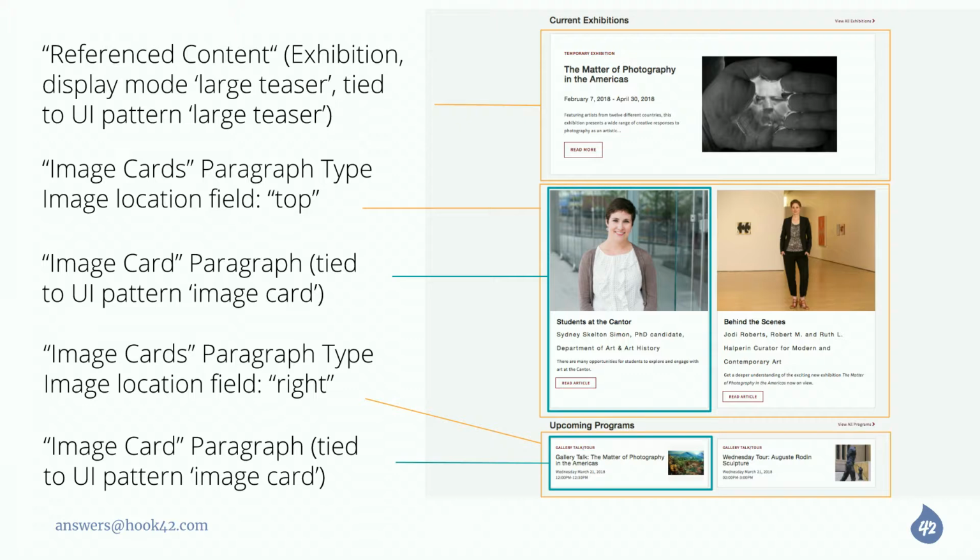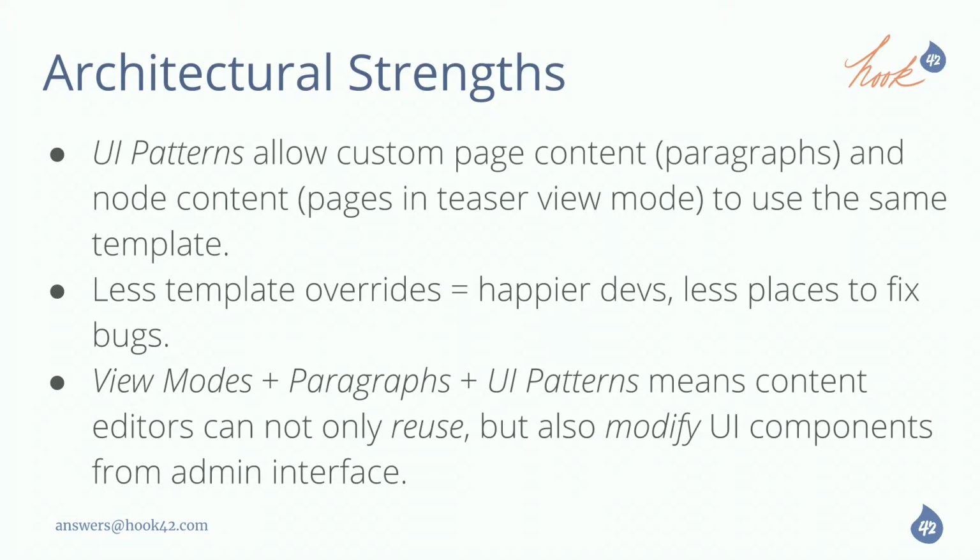Like in these orange lines, you can see where we would have nested components. So we might have an image cards paragraph type, and then inside of it 2 image card instances. And this really, to us, had a lot of architectural strengths for us to be able to meet Robert where he wanted to go with his abilities to work with his content team and create flexible content.